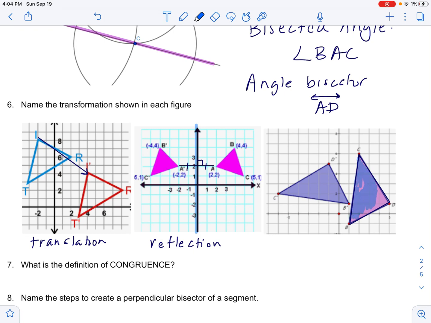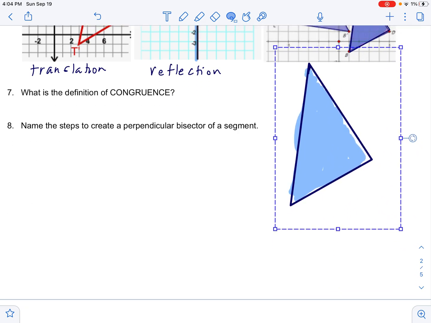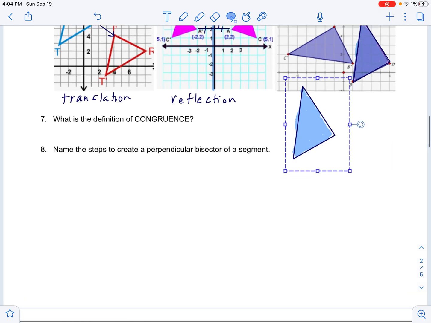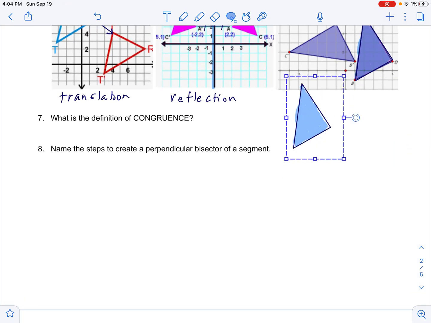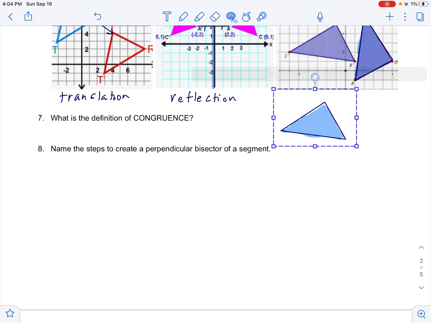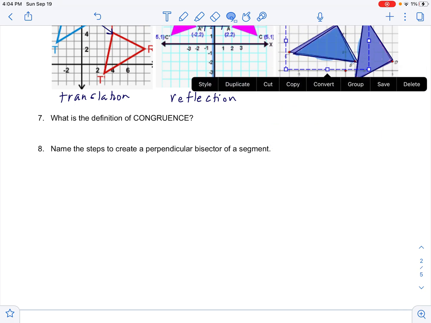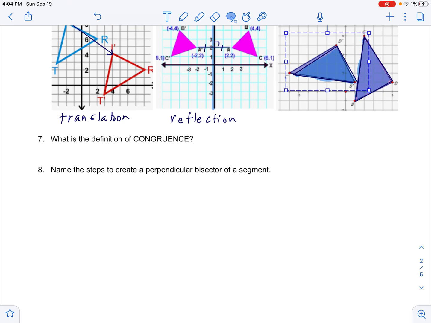I'll fill it in here. Okay, so I'm going to take that shape. I'm going to copy it. I'm going to paste it. Oh, there we go. So here I can rotate that figure, and I see that the figures line up. So that's a rotation. Sorry, that was kind of a long way to tell you that that is a rotation.